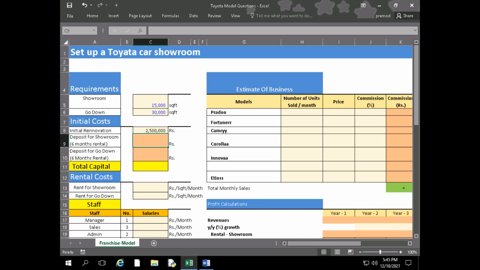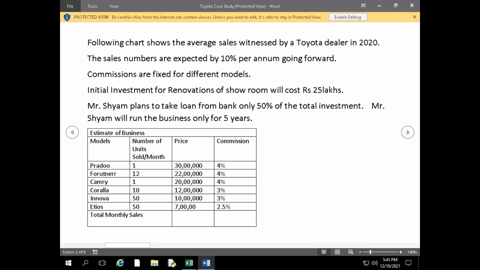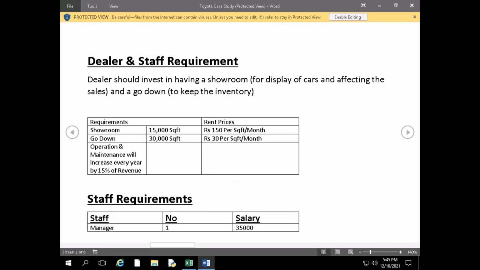So deposit for the showroom is 6 months rental. You need to deposit 6 months. So what is the rent amount per square foot they have told? 150.